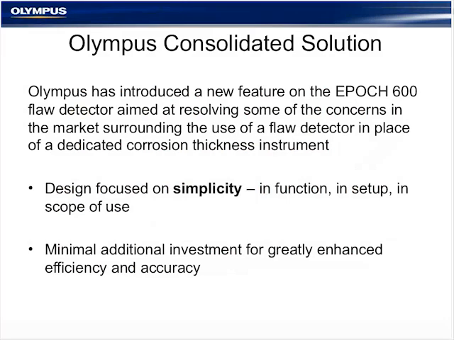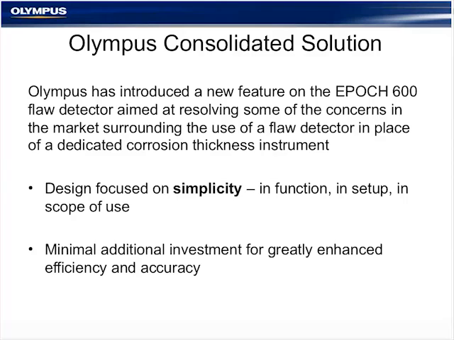So all of the disadvantages that we just discussed with using a flaw detector for the corrosion market, the disadvantages come from the manual control of a flaw detector and the higher level of training required. So our efforts from Olympus with this corrosion feature are to simplify this overall process, both in function, in initial setup of the instrument, and also in the scope of its use.